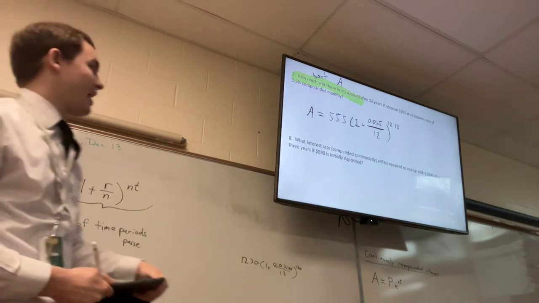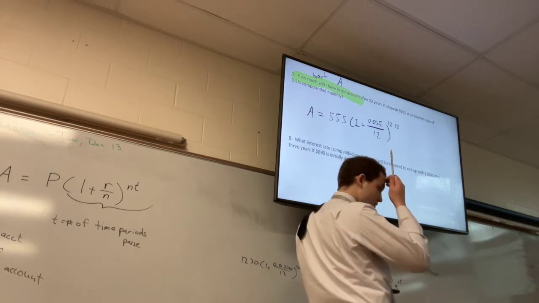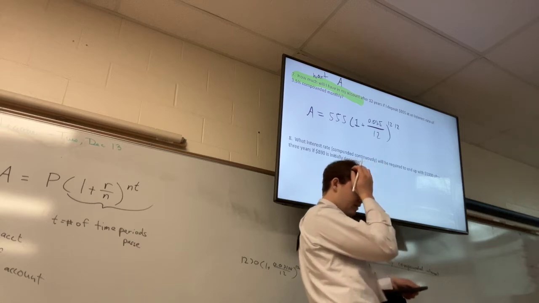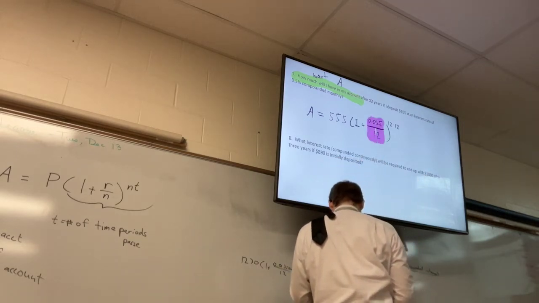So again, how do we do these in our calculator? What do we plug in first? This is important. You need to make sure you know how to do this. Plug in the fraction first, okay?